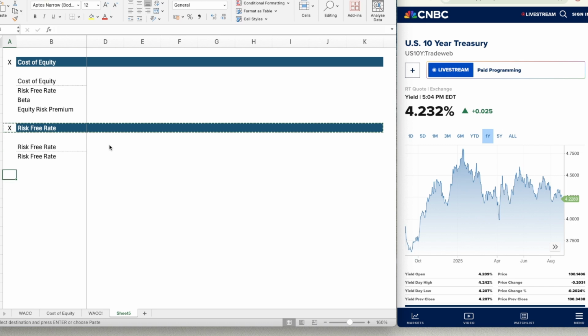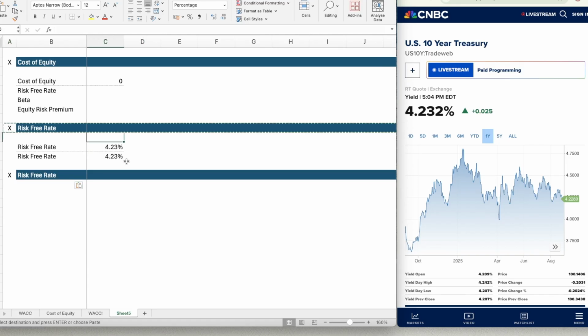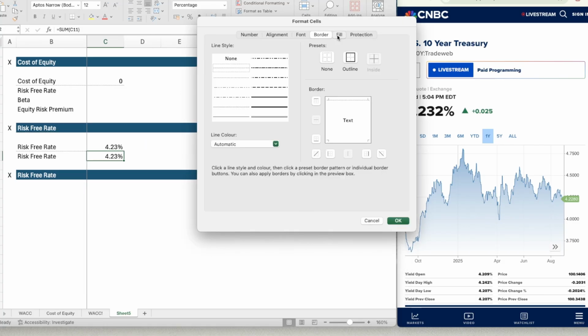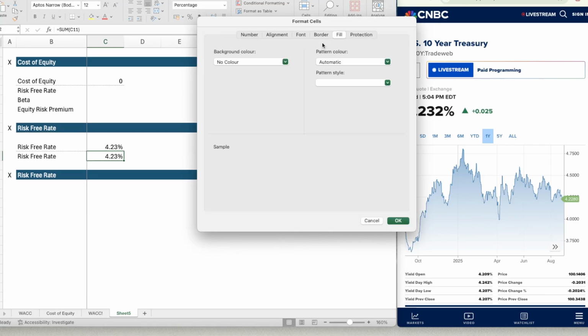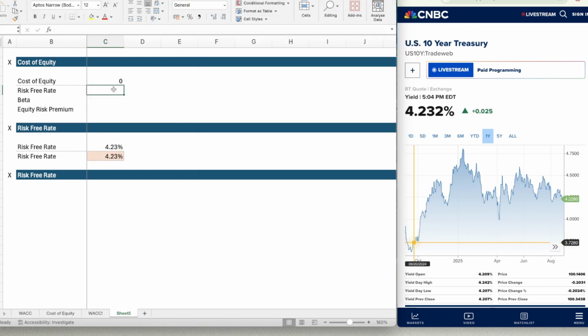Where's it gone? There we go. We want the border with this, and go boom. There we go. And we put the risk-free equal to this. We can even bold that one now.